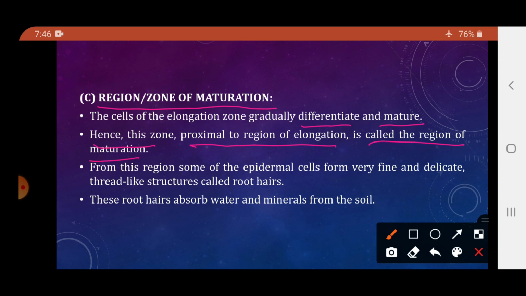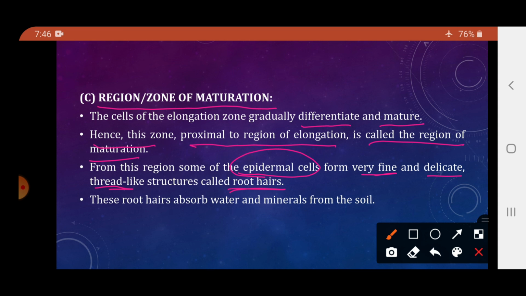So the region above the region of elongation is called the zone of maturation, where cells attain a particular shape, form and function. Now the epidermal cells of this zone, that is, the outermost cells, form very fine and delicate thread-like structures called root hairs.